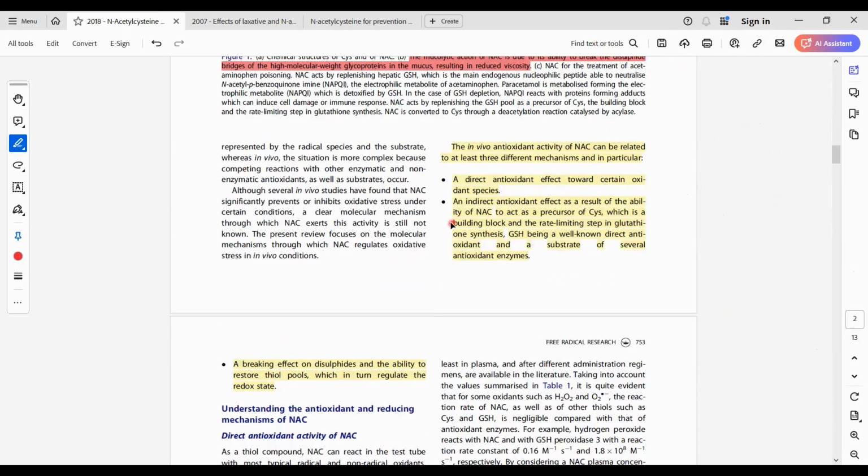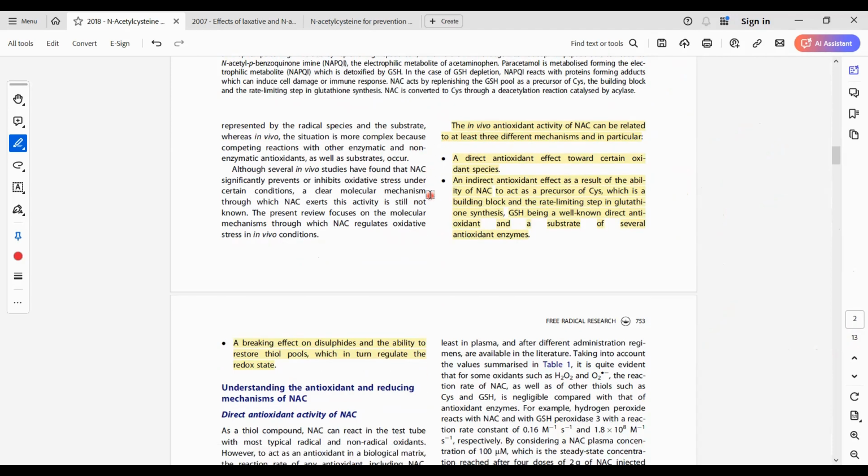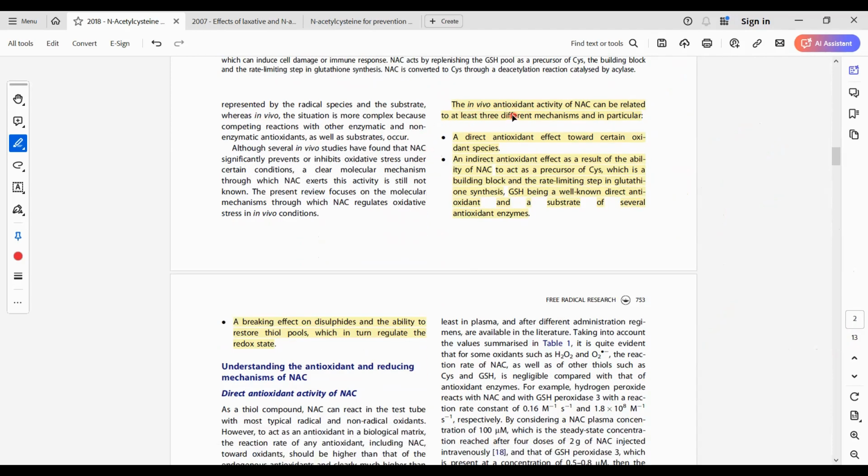What I'm passing over here is the part of the paper that's talking about the NAC antioxidant effect. I'm actually going to come back and read it because it will be relevant later in the paper. Research shows that NAC has antioxidant activity related to at least 3 different mechanisms. One, it's a direct antioxidant.